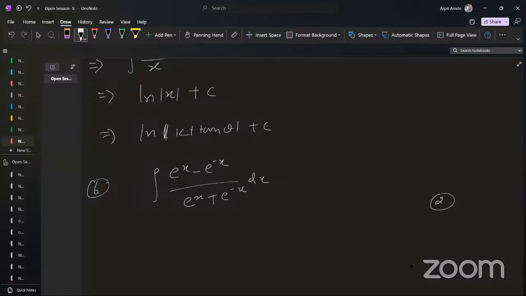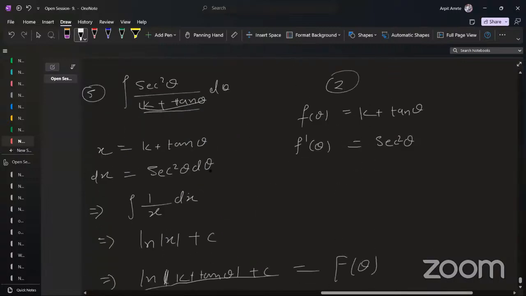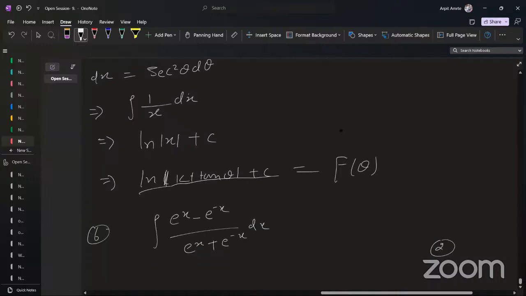Okay, so why am I not doing the definite integral thing? Once you find this, it will become your capital F(theta). Now what you need to do? You know this function is continuous in its domain. So it will be just F(b) minus F(a), by the fundamental theorem, right? So you have nothing else to do.